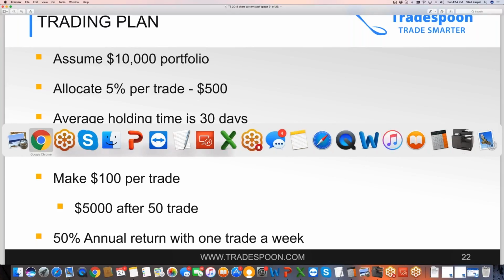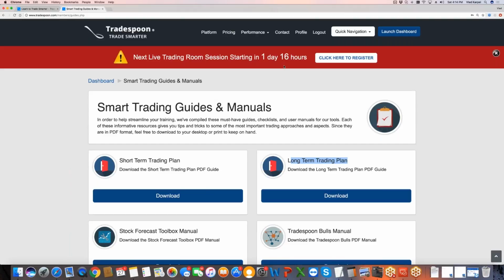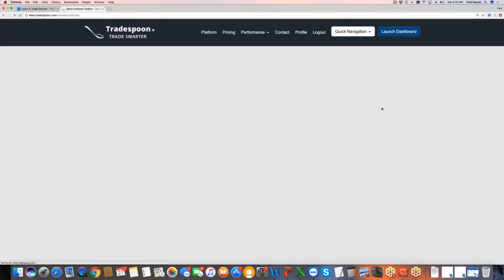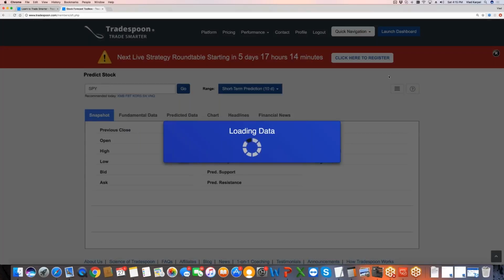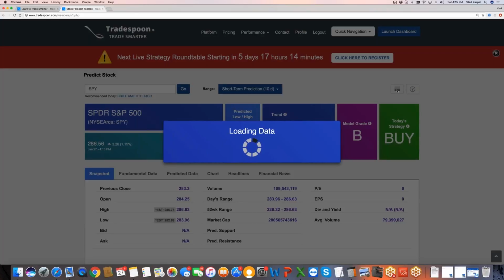So the same models that you've seen on the short-term trade, we also have for longer-term trades. You have different screeners that you can actually utilize to find candidates for both.